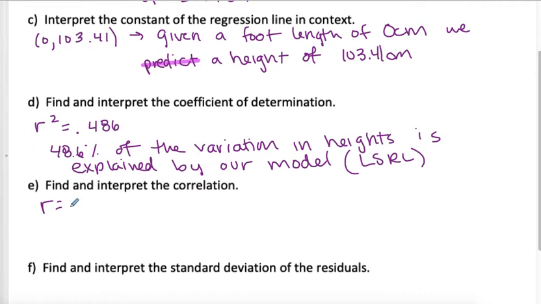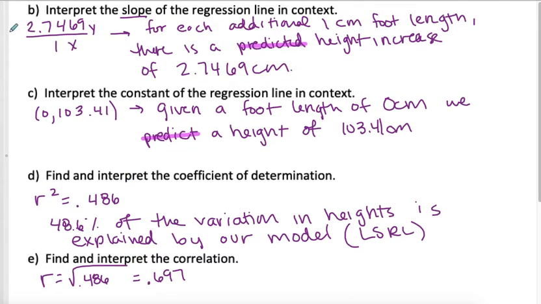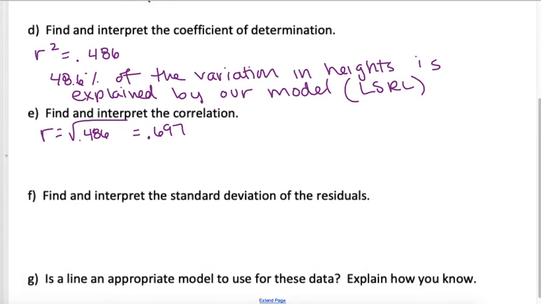So if I take the square root here of 0.486, I can find that that value is going to be 0.697. Okay, when we take a square root, we get a positive or a negative. This is positive because we have a positive slope here. If we had said we're decreasing in height, we would have a negative correlation.